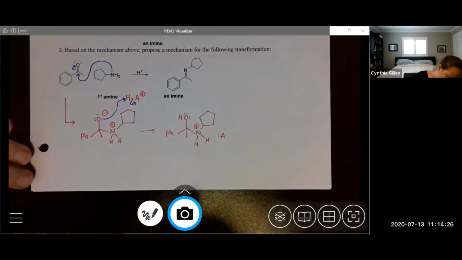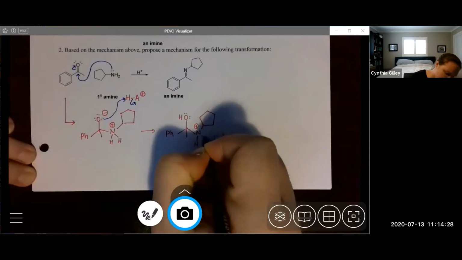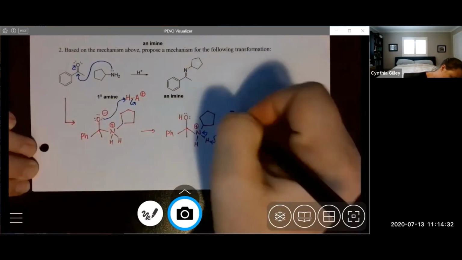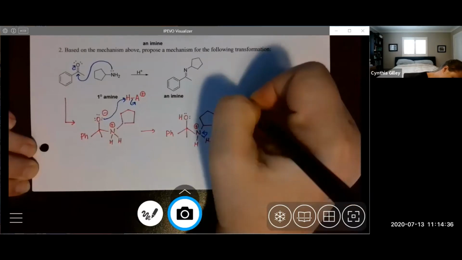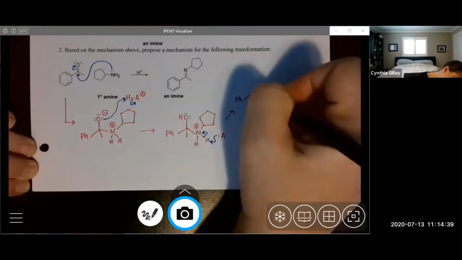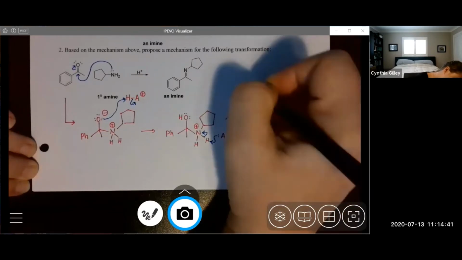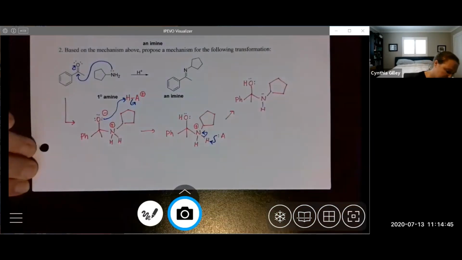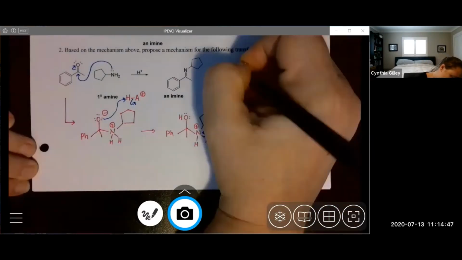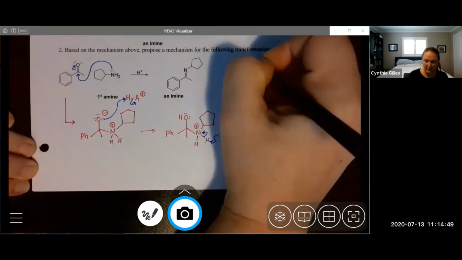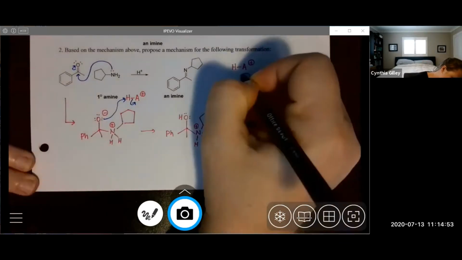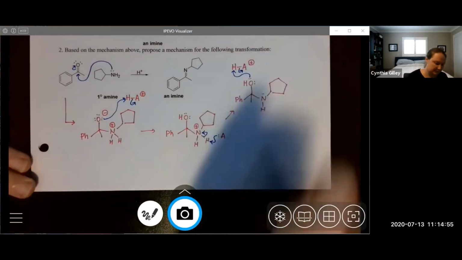So we're going to do a shuffle of protons. We'll deprotonate first, and then we can reprotonate on the oxygen. I'm trying to keep all my lone pairs there. We'll go ahead and draw my HA so that I can pick up that same proton on the oxygen.